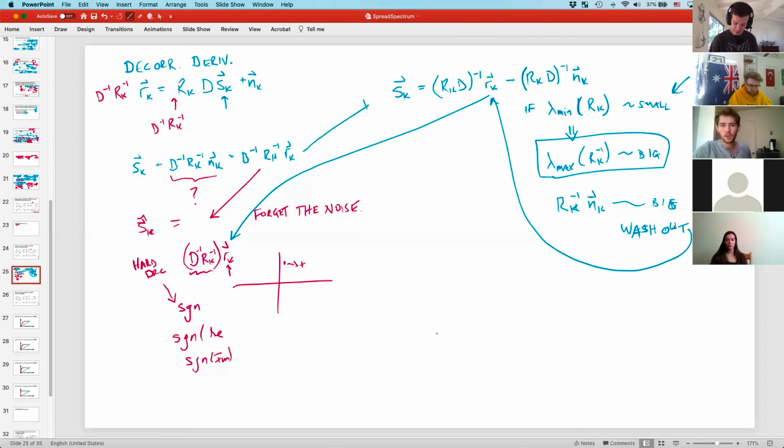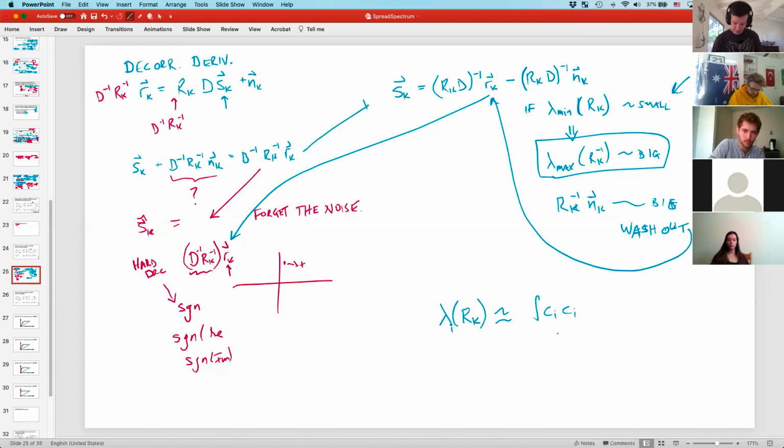So the eigenvalue of R_k, say lambda_i, is going to be approximately the autocorrelation of c_i with c_i.